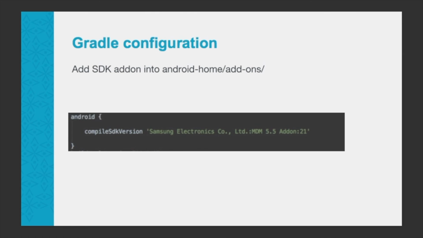I'll just glimpse through it, nothing in detail. So first thing when you develop, you need to add an add-on that Samsung will send you. Just copy the folder you get into this folder on your system, and then you don't use compile SDK version anymore, but you use this string.